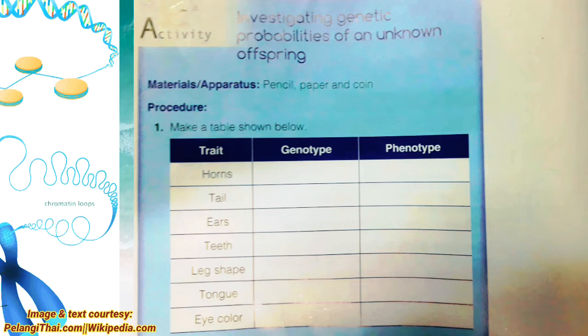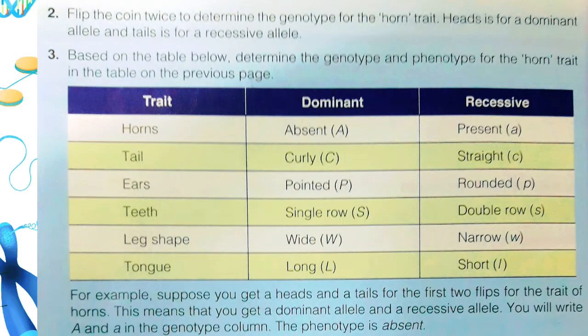In step 1, students will make a table and write the traits, genotype, and the phenotype. In step 2, our students flip the coin twice to determine the genotype for the horn trait.